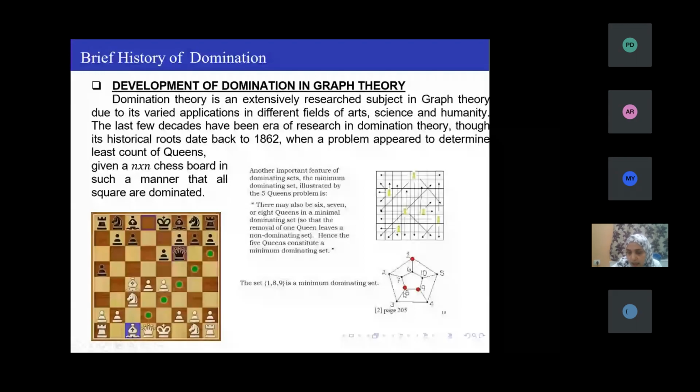So 1, 8 and 9 make a dominating set. The minimum cardinality, meaning the number of vertices in the dominating set, is 3. So the minimum dominating set means a dominating set which contains the least number of vertices which dominates the whole graph.